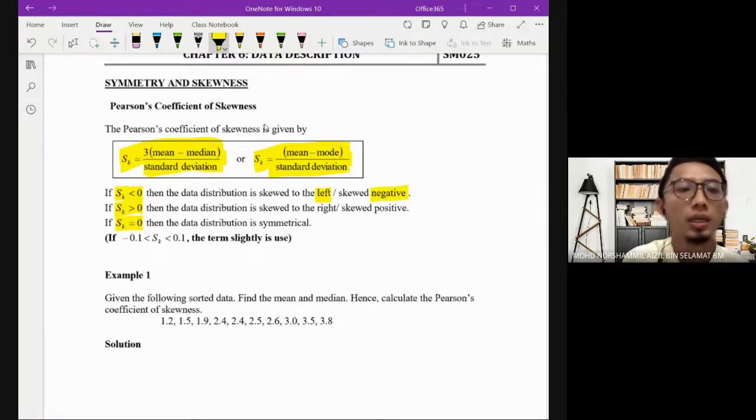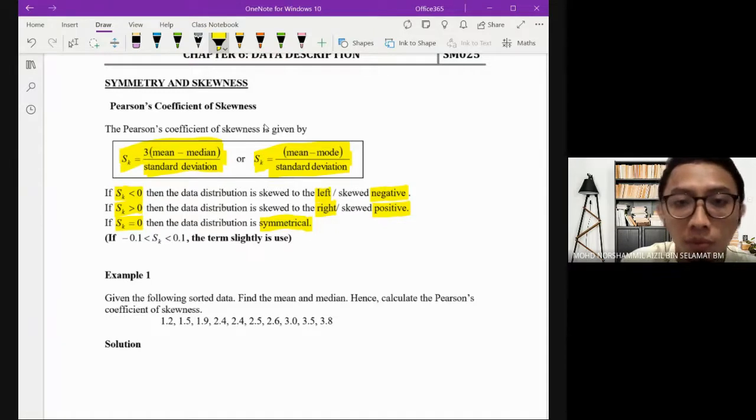Kalau nilai itu negatif, maksudnya skewed to the left or negatively skewed. Kalau nilai itu positif, maksudnya skewed to the right or positively skewed. Kalau nilai itu kosong, exactly kosong, so we can call the data distribution as symmetrical. Kita akan kira dan tengok apa yang akan terhasil, positif ke, negatif ke, ataupun symmetrical.